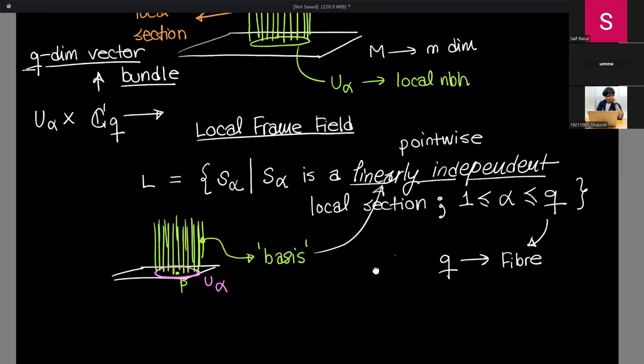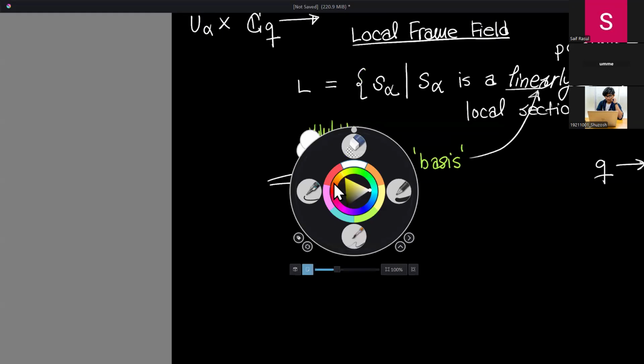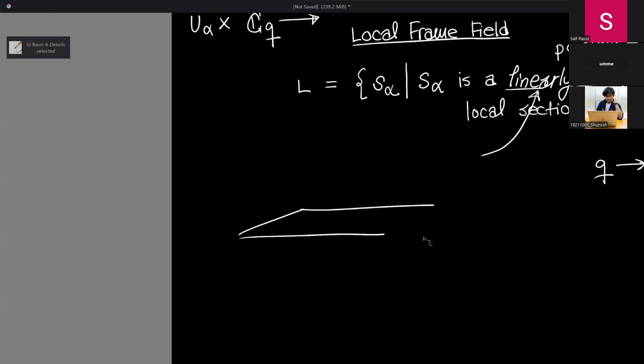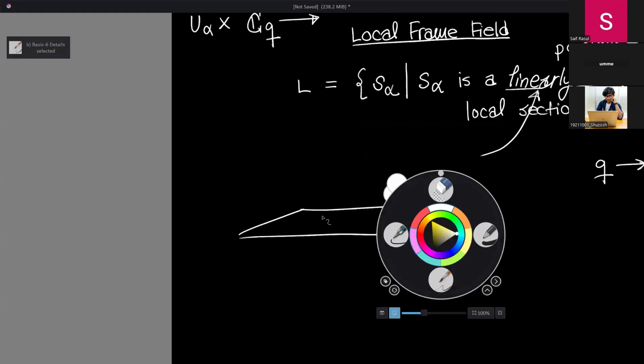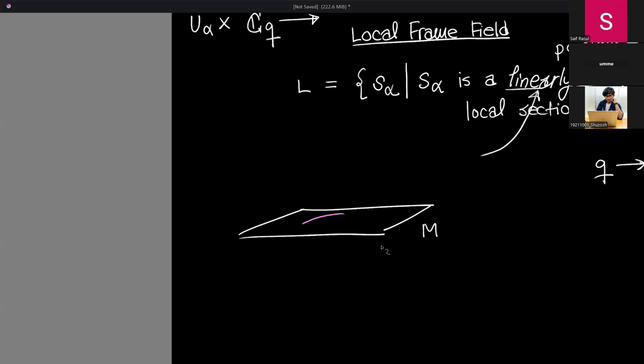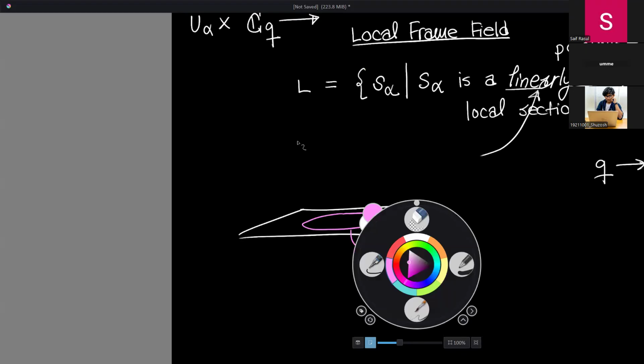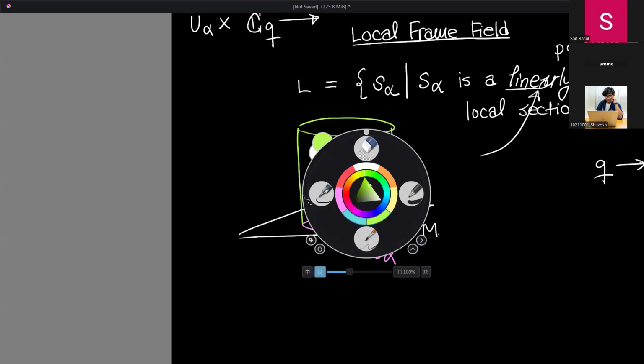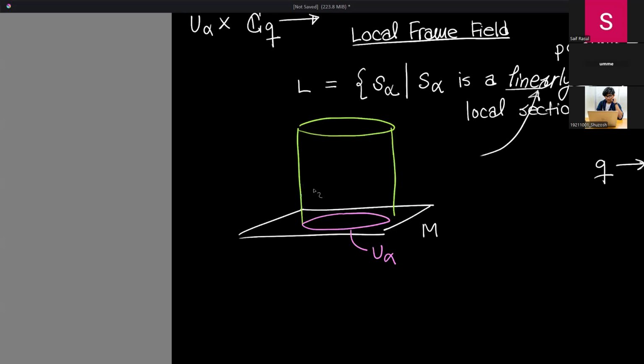Let me draw this a little bit bigger so that we can visualize this better. M, U alpha. So let's say I have this bundle. I'm not going to draw the insides this time. So let's say I have a section like that. I have a section like this.